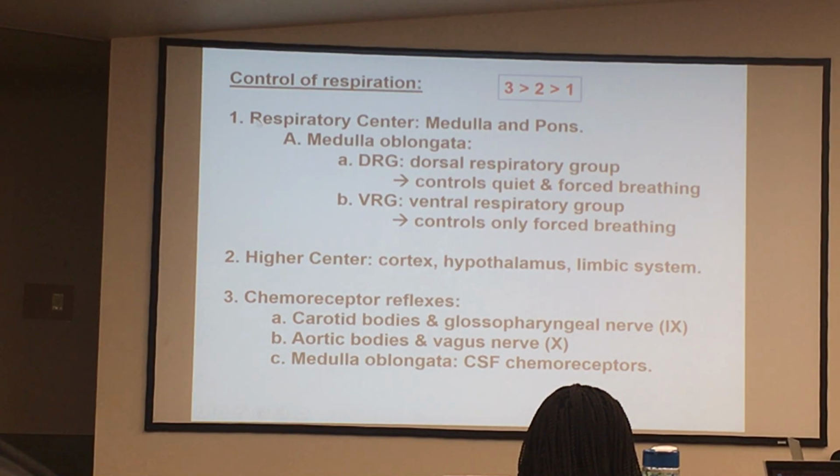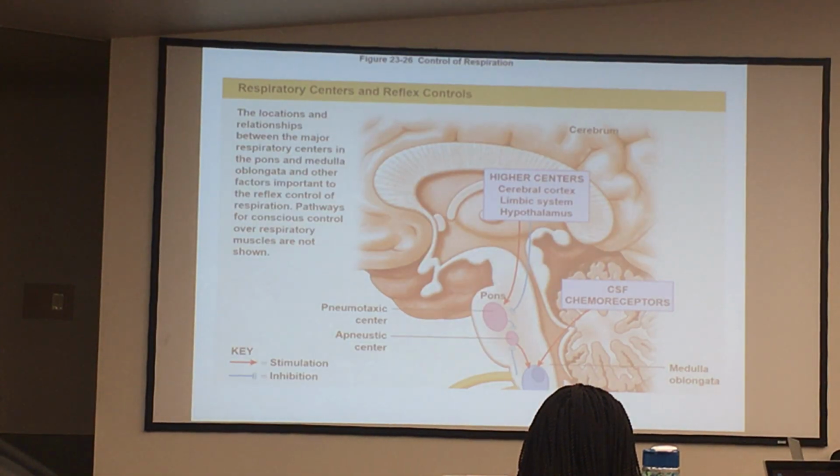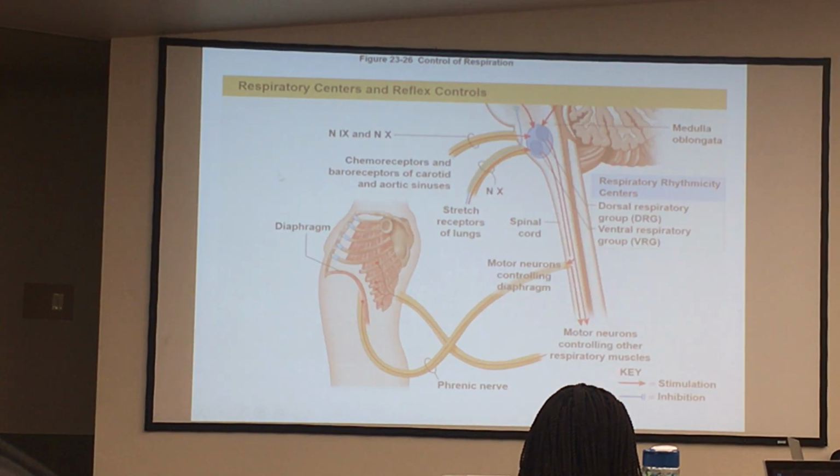Normally, the respiratory center in the medulla oblongata has two areas. Where are the areas? Okay, here it is. The dorsal respiratory group and the ventral respiratory group, two nuclei here. This is just an amplification of that, it should be the same thing.